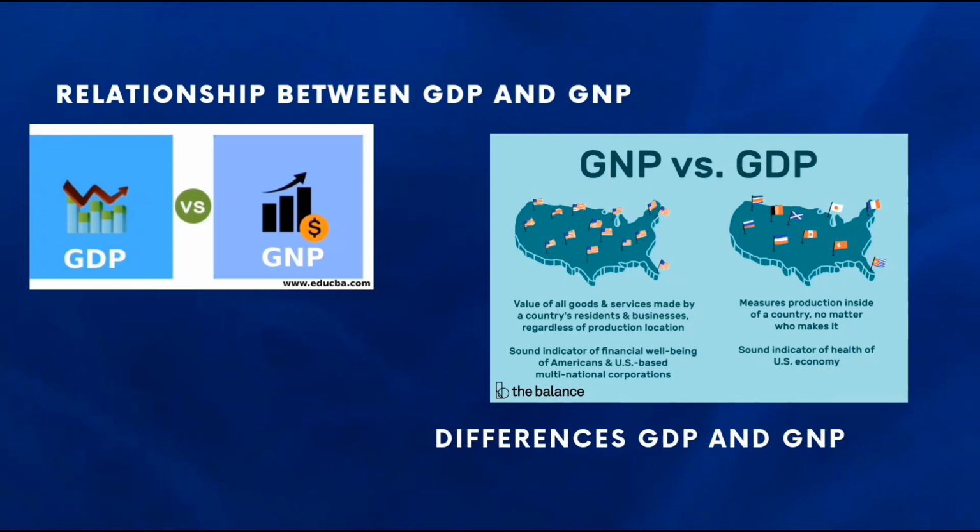GDP measures the value of goods and services produced within a country's borders by citizens and non-citizens alike. Meanwhile, GNP measures the value of goods and services produced by a country's citizens both domestically and abroad.